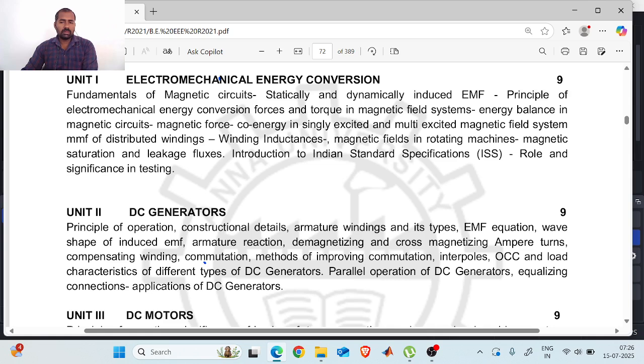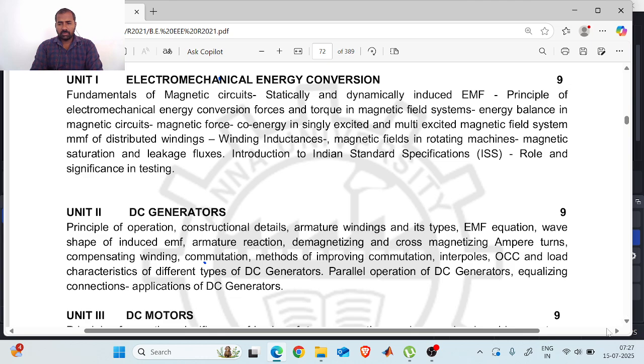There are two types: singly excited system and multi-excited system, and MMF in distributed windings and winding inductance. We will also see the Indian standard specifications and their role and significance in testing. Everything we'll see in the first unit.